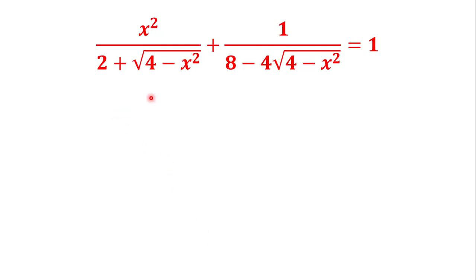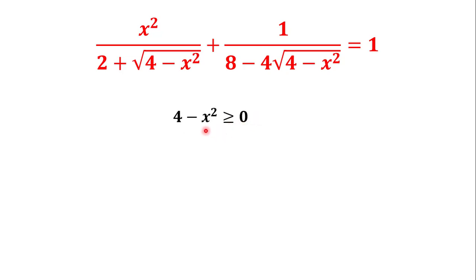To solve this problem, in the first step we want to find the domain of the radical of 4 minus x squared. The domain of a radical term is any x value for which the radicand is not negative. So we can write that 4 minus x squared must be greater than or equal to 0.